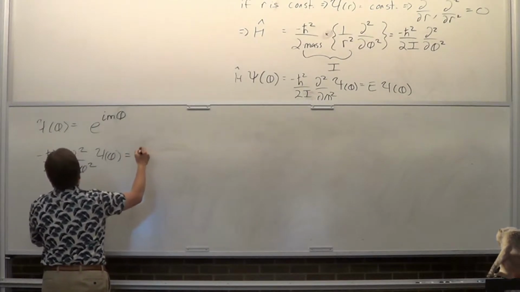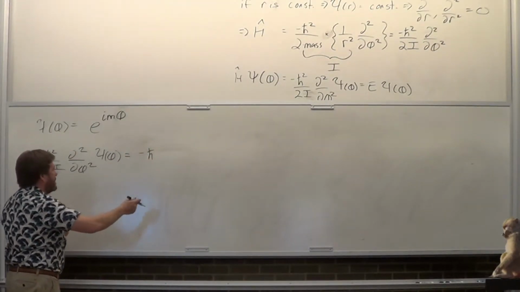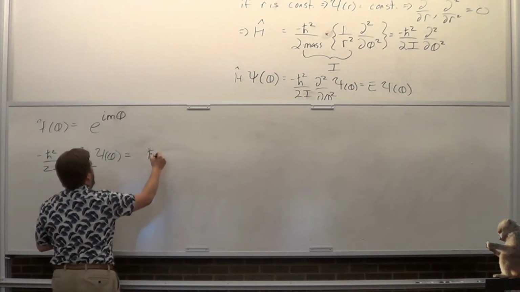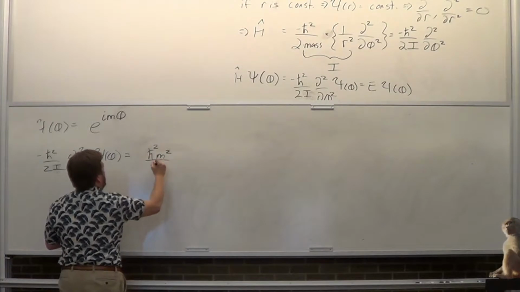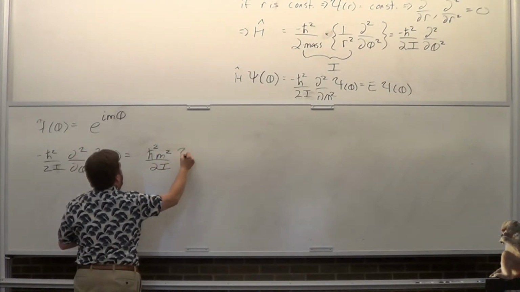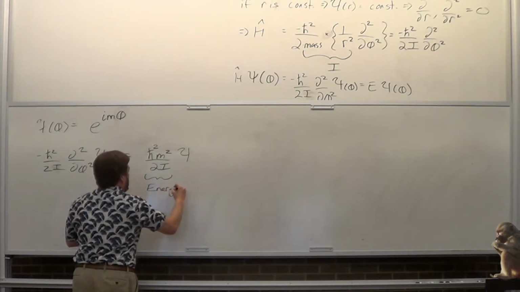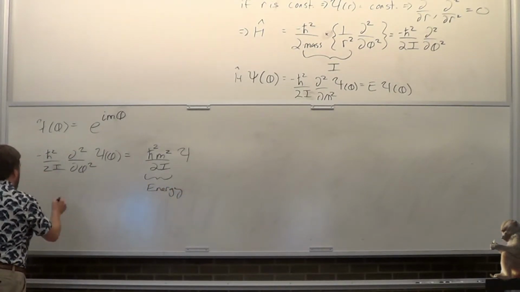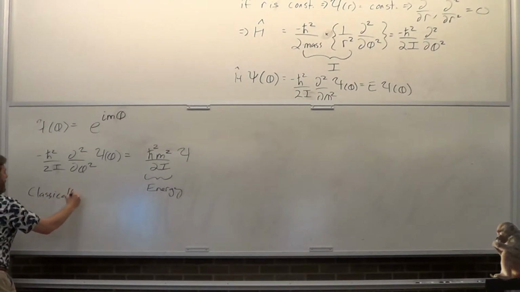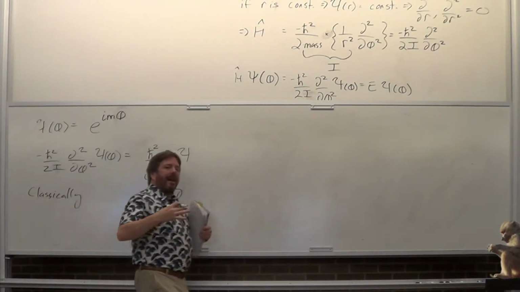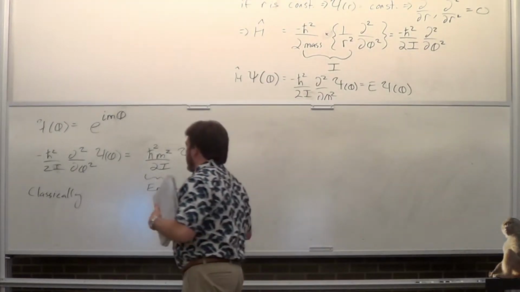And of course, what we end up with is minus h bar squared, i squared, so that gets rid of that, h bar squared m squared over 2I, psi, so this is the energy. Now, if you recall, I mentioned that in mechanics class, you learned that angular momentum squared over 2I was the energy of rotation.